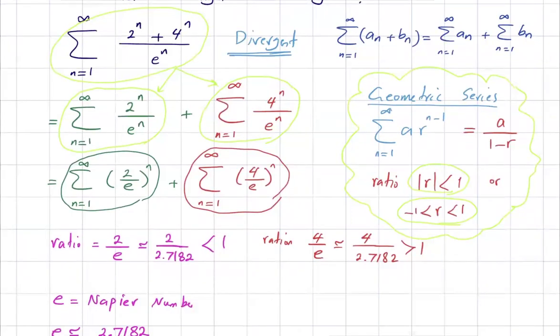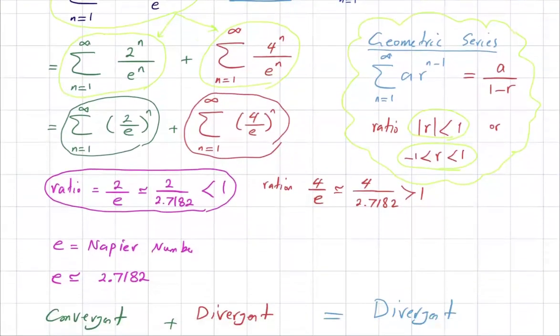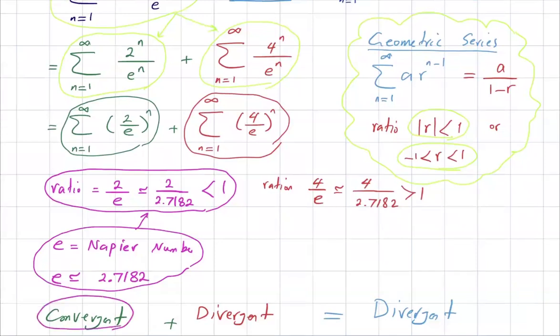So for the first series, the ratio is 2 over e, and e, as the Napier number, is approximately 2.7182. So it tells you, hey, 2 divided by 2.7182 is less than 1. So this series is a convergent series. What about the second series?